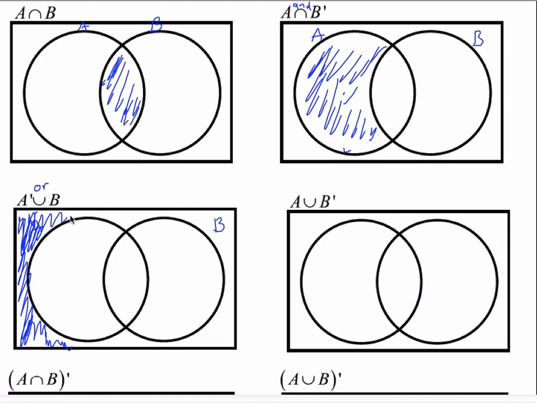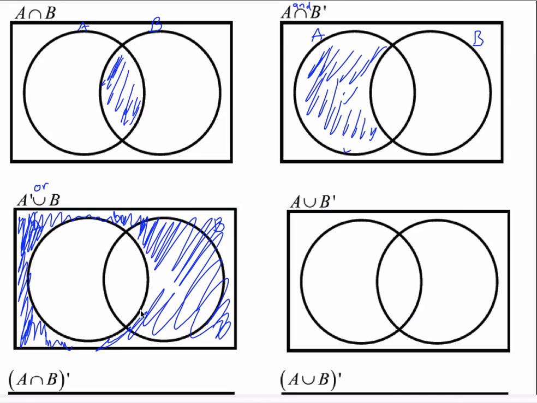If this first circle is A, I'm going to shade everything that's not in A. Or it's in B. So if that second circle is B, then I have to also shade this amount. So this is everything that's not in A, or it's in B, and that's everything that we shade here.